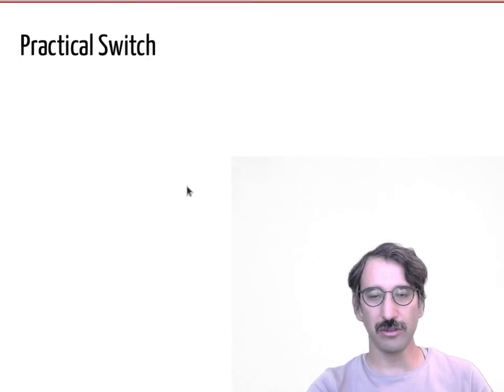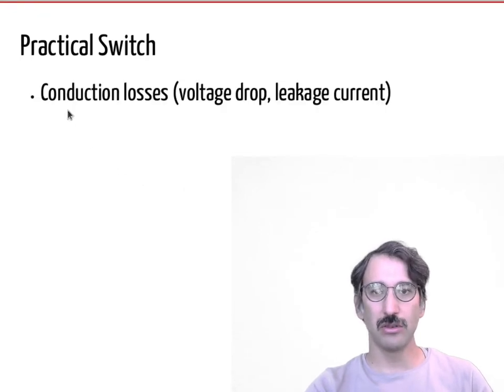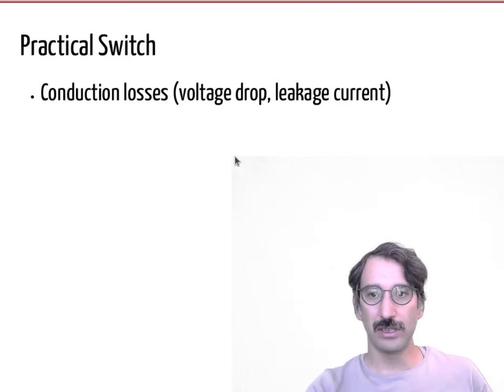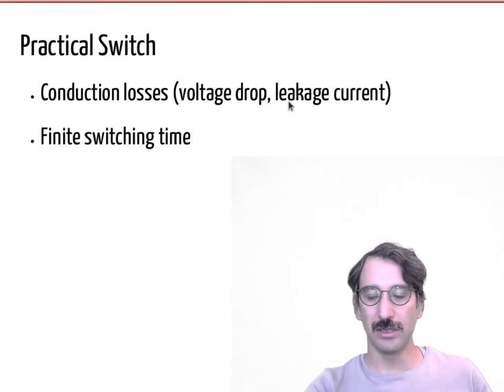So of course in a practical switch, we have conduction losses. Whether it is a mechanical switch or a MOSFET kind of switch, you always have some conduction losses. There is some voltage drop and there is some leakage current.